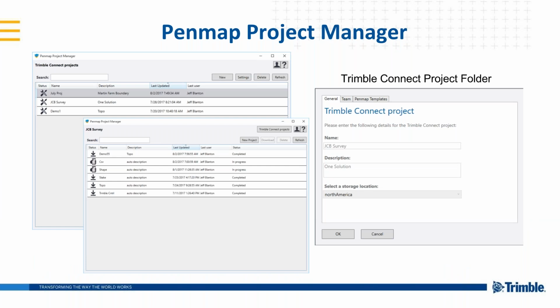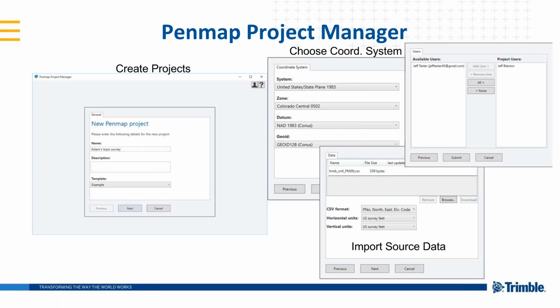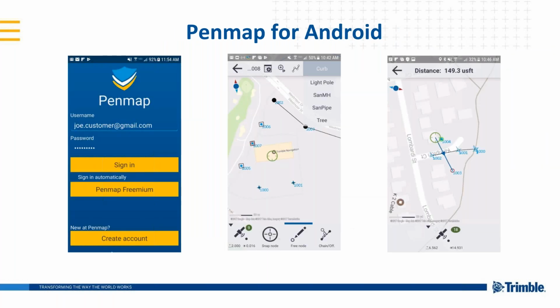With Penmap, you do get Trimble Connect, which is the cloud sharing platform that Eric mentioned before. You also get this Penmap Project Manager. This is a desktop application where you create your project, set your coordinate system, add your team members, and import any background information or source data that you might want to use, such as CSV, CAD drawings, or shape files.